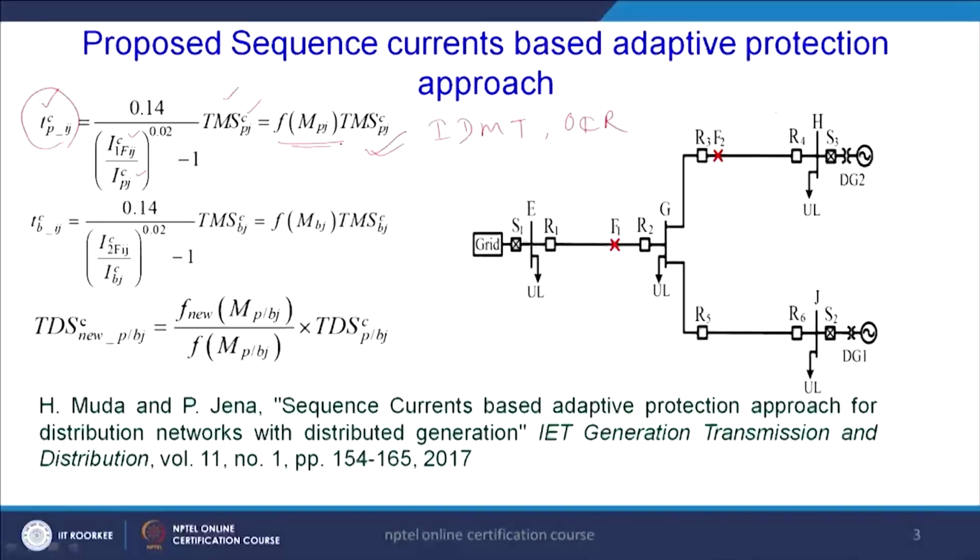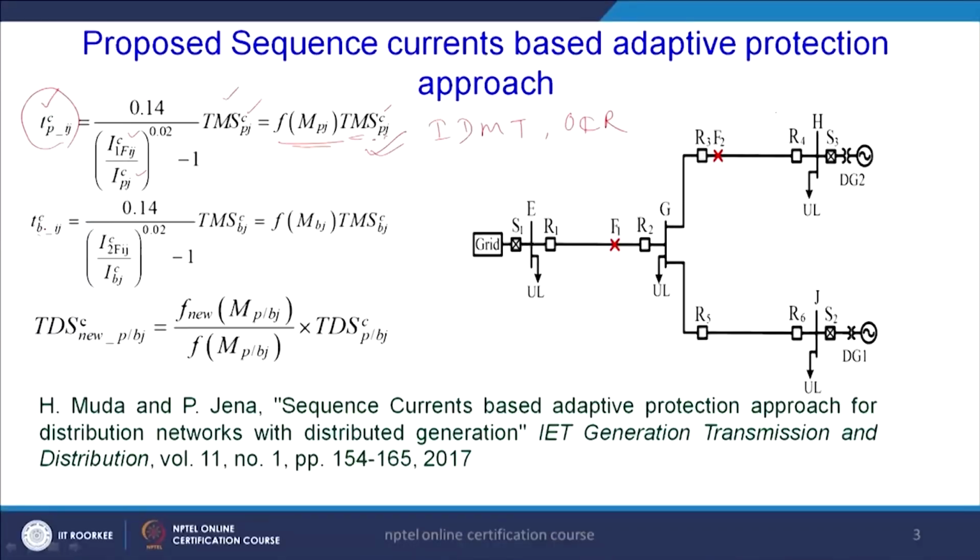To incorporate that mode of operation, we intentionally developed this technique, where the TMS is decided for P, the primary relay, for the Jth fault location, and C, the mode of operation. According to the present mode of operation we have to set the TMS. Otherwise, we cannot use a fixed TMS for a fixed mode of operation, because as the microgrid operation changes, the TMS and pickup setting should change accordingly. Then only it will be adaptive in nature.